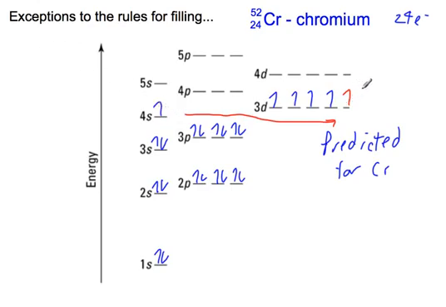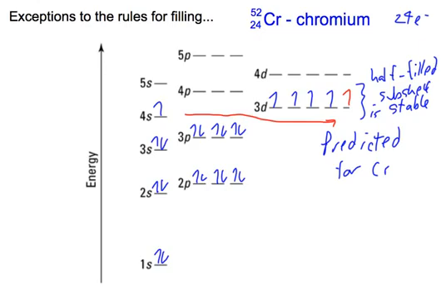And then I have this 5th electron in the 3D, and so what that creates is a half-filled subshell. And a half-filled subshell is stable. More stable than having 2 electrons in the 4s and only 4 electrons in the 3D. So that is an exception. And so you just need to remember that exception.